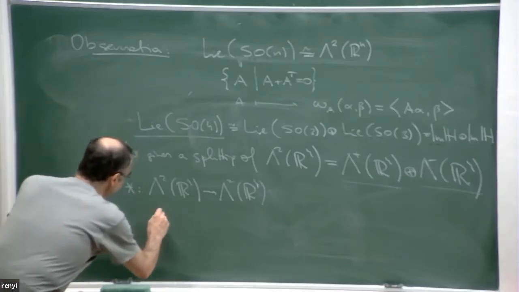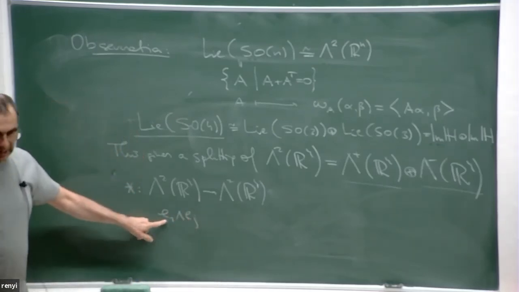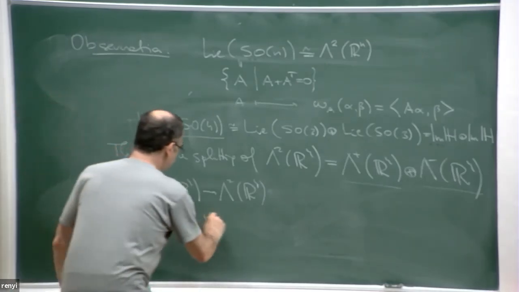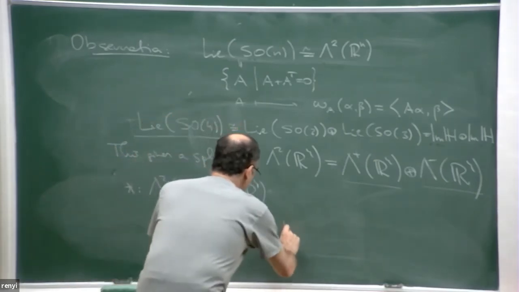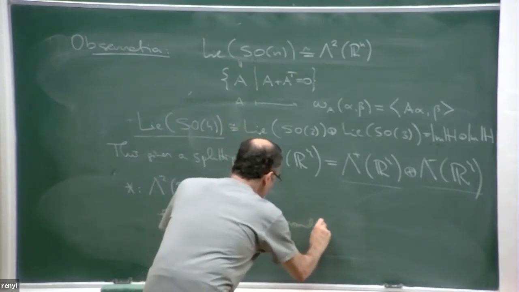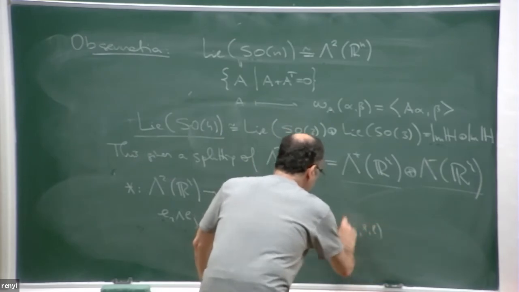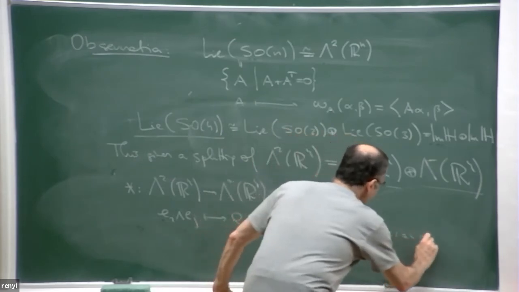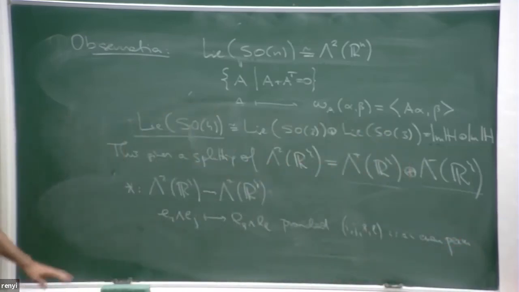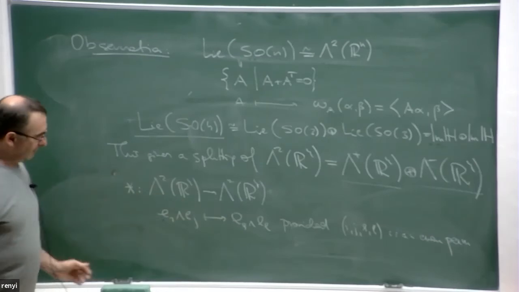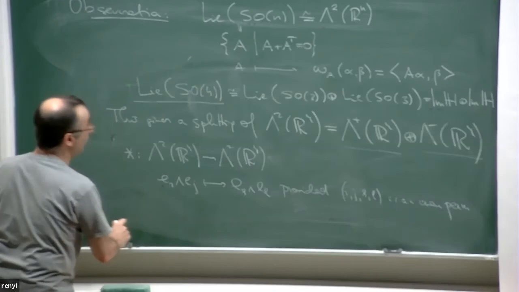So we take e_i wedge e_j, and this element should map into e_k wedge e_l, provided ijkl is an even permutation. So we define it on a basis.